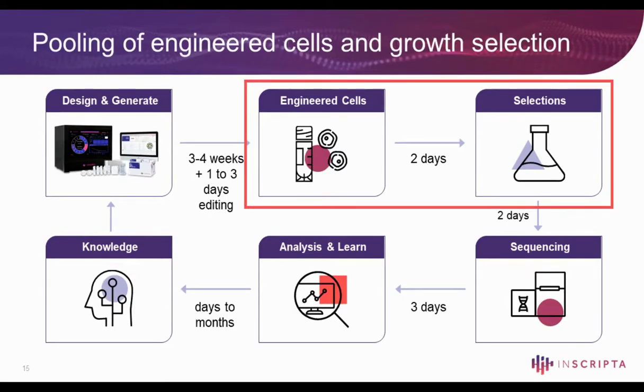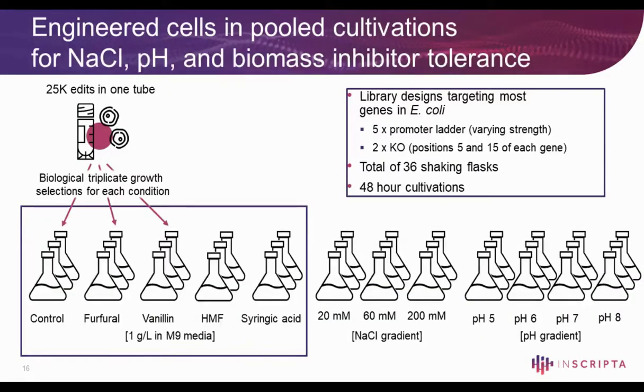After the cells were edited with Onyx, we took that heterogeneous cell population and grew it up under selective pressure. So basically, we pooled all our edited cell populations from the 5' promoters of varying strength and the 2 knockout libraries.